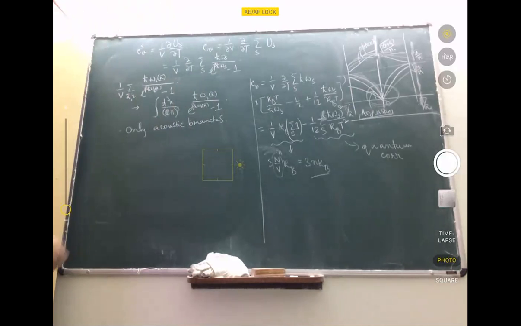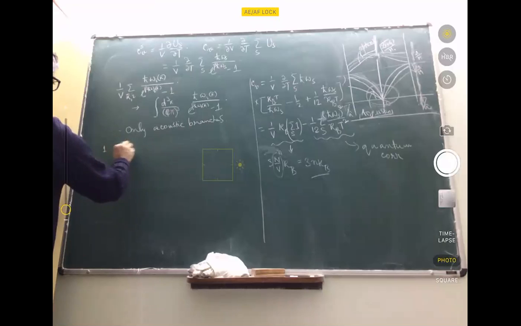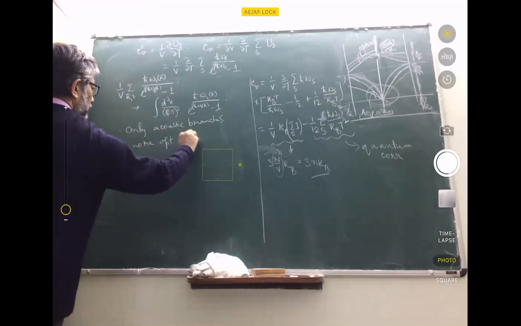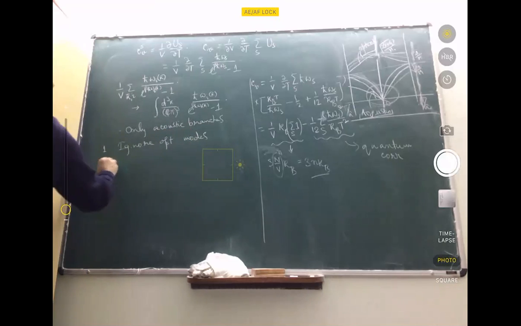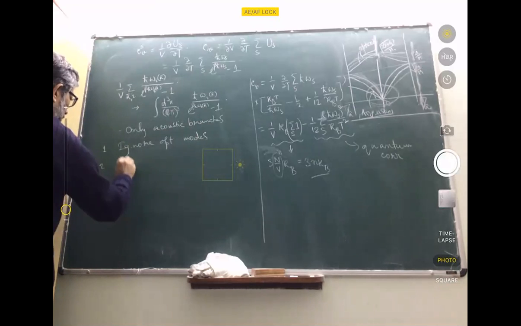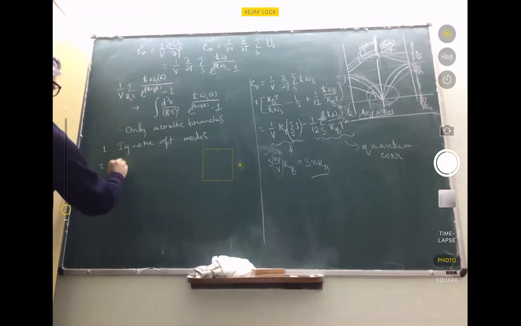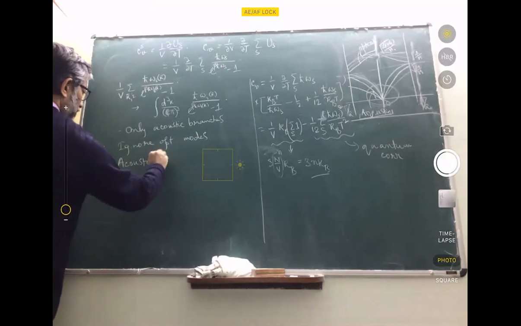So with that, we make some simplifying assumptions. So what are these? So one I have already said, ignore optical modes. Number two is for acoustic phonons.